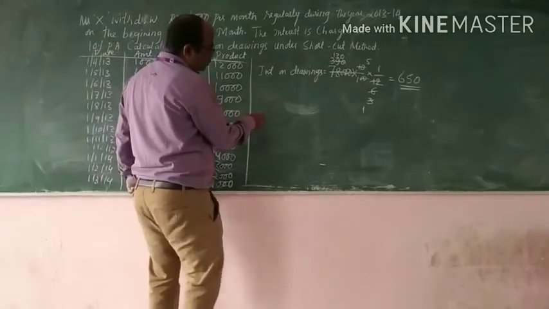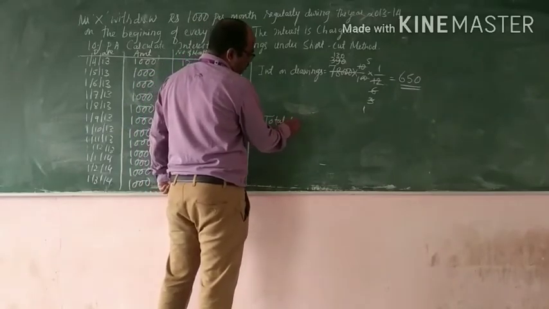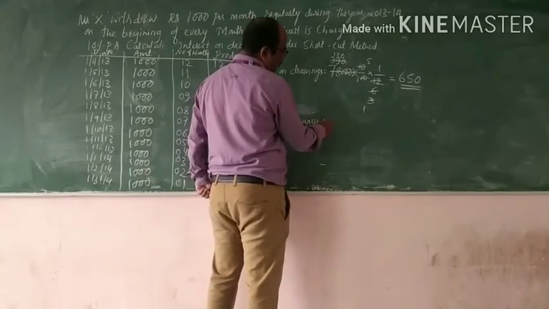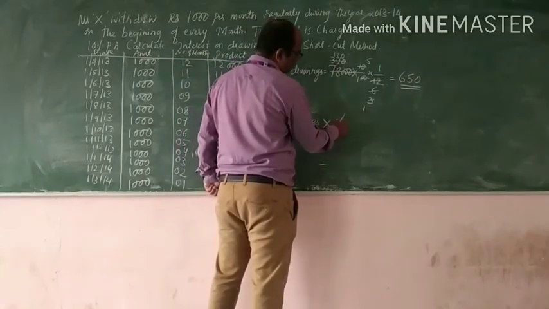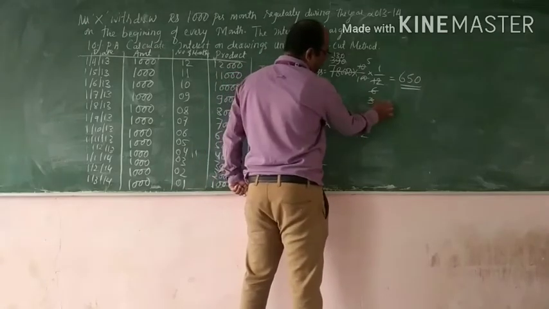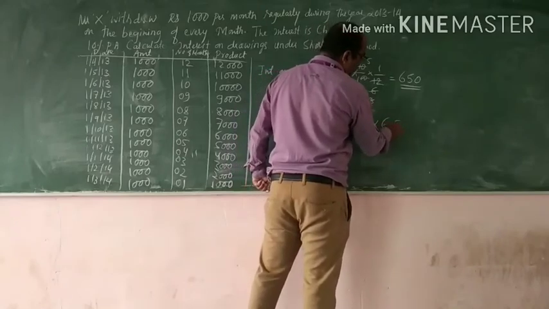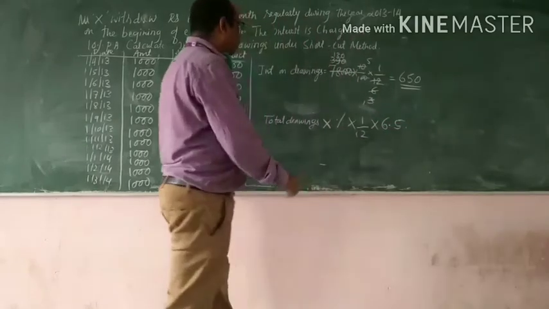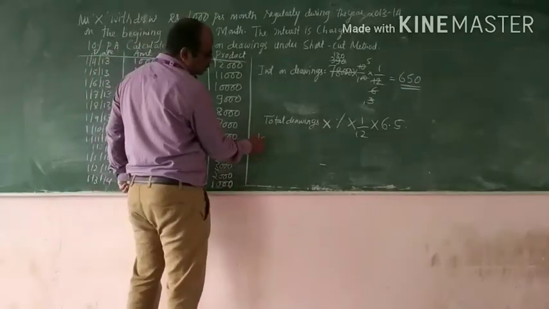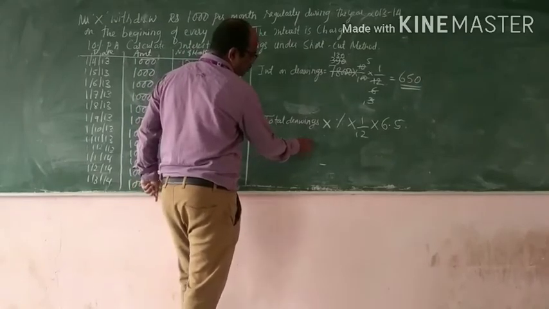The shortcut method formula is total drawings into rate of interest into 1 divided by 12 into 6.5 for the beginning of the month. So total drawings is how much? 1000 per month, so 1000 into 12 equals 12,000 is the total drawings.